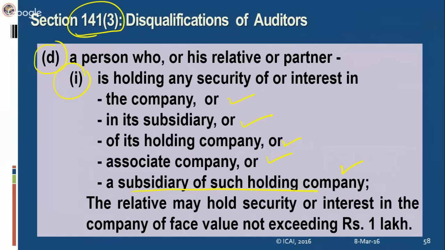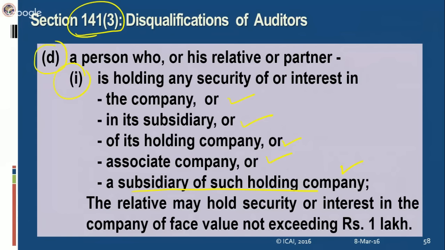And once you learn these possibilities, you can use this in all the D1, D2, D3 clauses: 141, 3D1, 3D2 and 3D3. A person who or his relative or partner is holding any security of or interest in the company, or in its subsidiary or holding company.